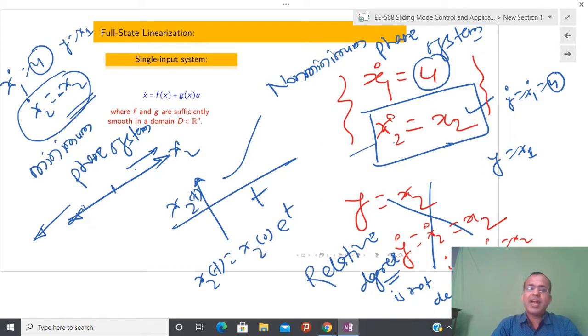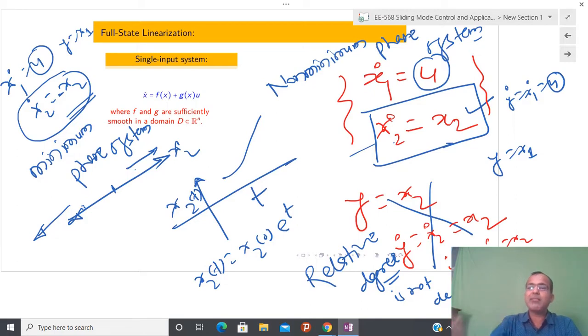Now in the next class, I am going to tell you how to find the transformation if we talk about full state linearization. Full state linearization means input to state linearization, because in the previous class I talked about there existing z equal to T(x). Now we have to make sure how to calculate that kind of transformation, and for that some geometrical theory is required.